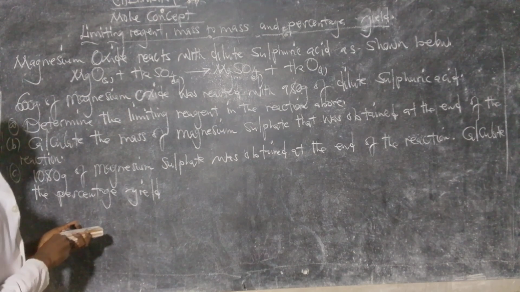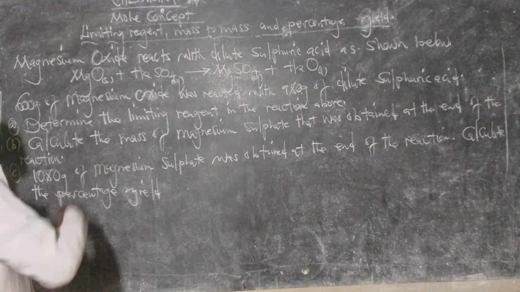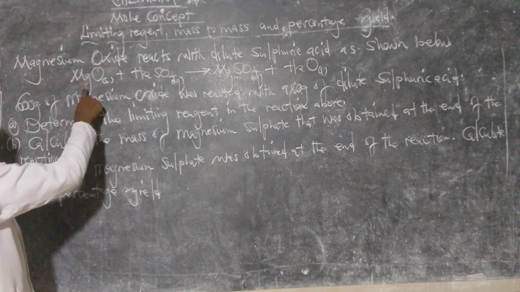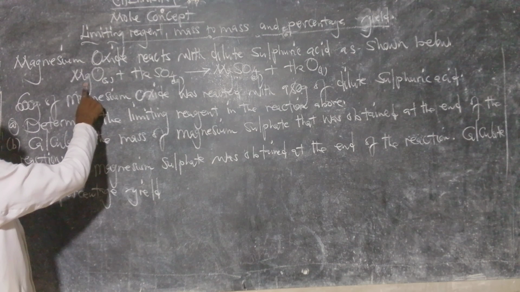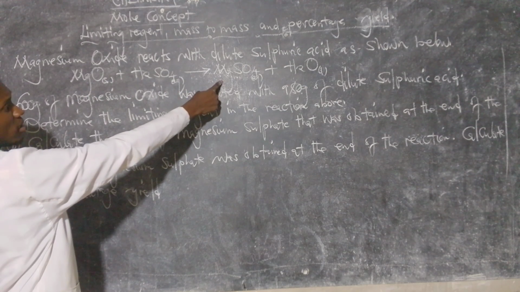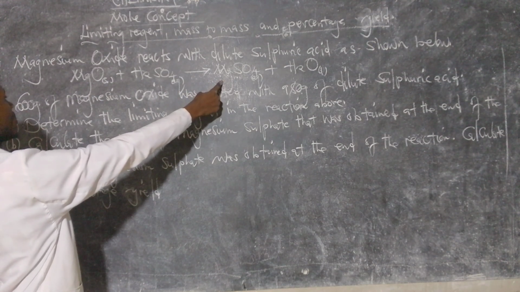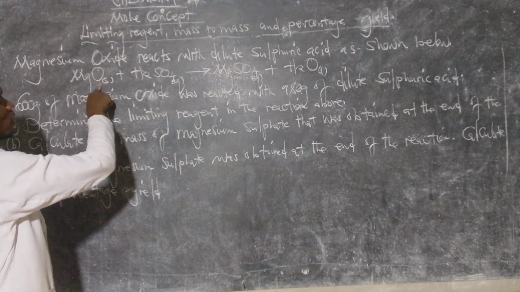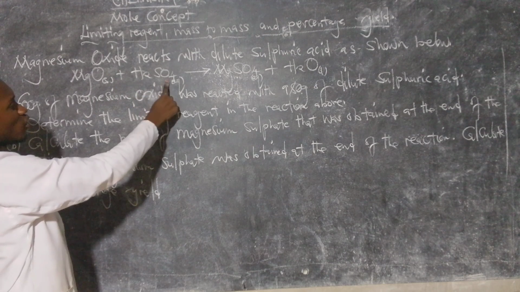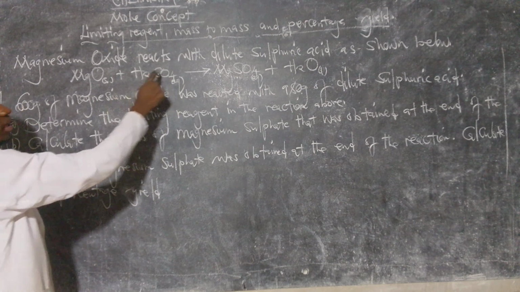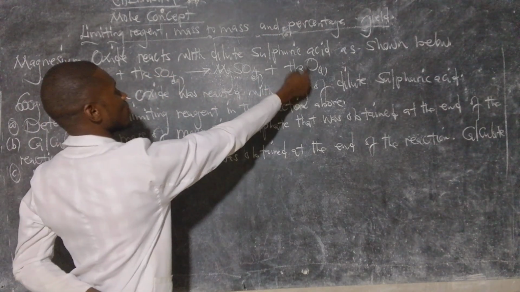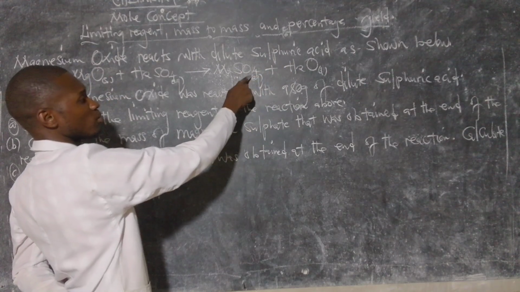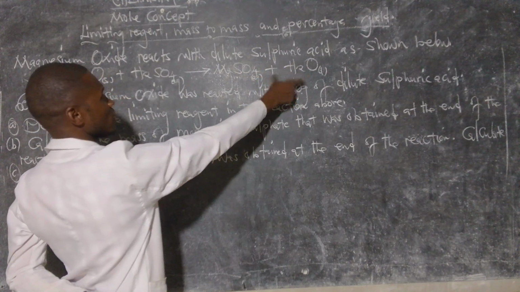So here we have 1 mole of magnesium. On the other side, we also have 1 mole of magnesium. For oxygen, we have 1 atom plus 4 atoms, which makes 5 atoms, and on the other side also 1 atom plus 4 atoms, which makes 5 atoms of oxygen.